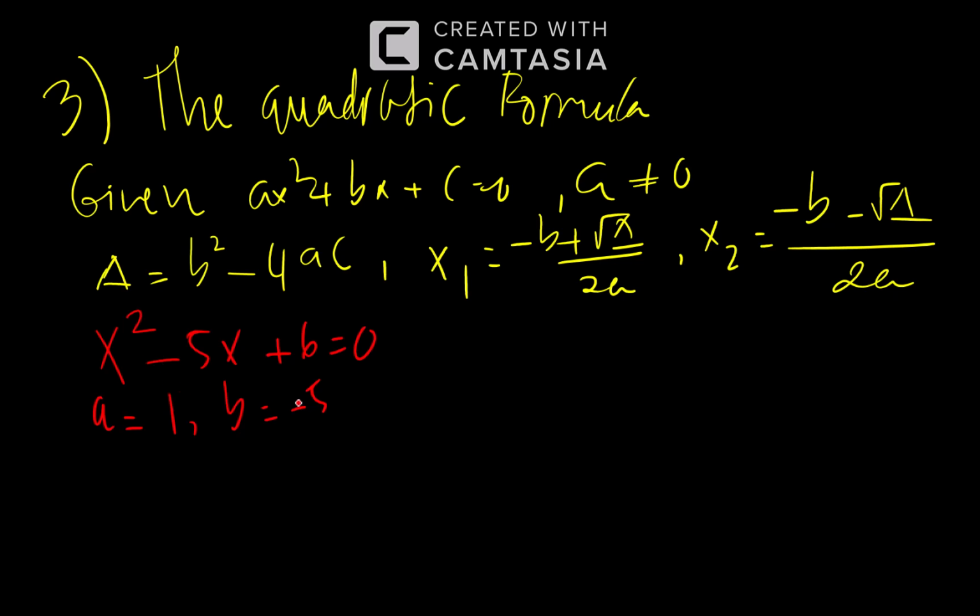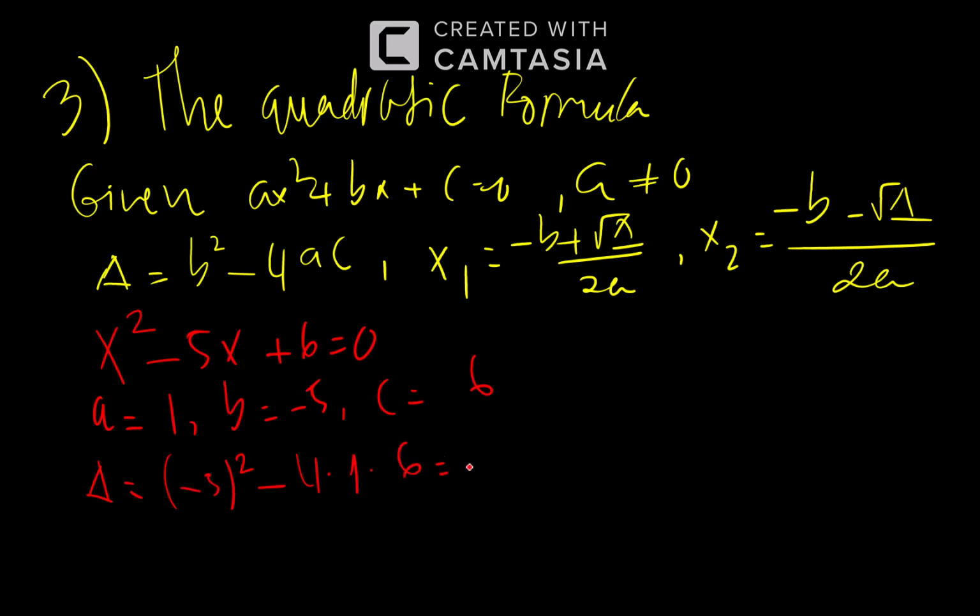If you see positive, you put positive. And c equals 6. For number 6 you can put the positive sign, or you don't put it, no problem. Here we find the value of delta equal to b squared, so the value of b is negative 5 squared minus 4ac. a is 1 and c is 6.